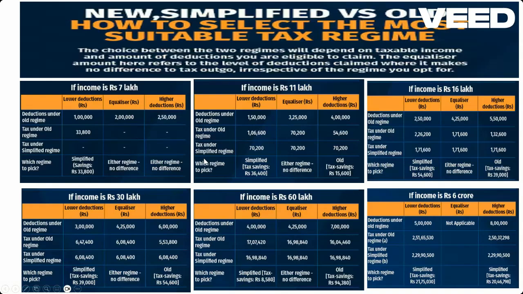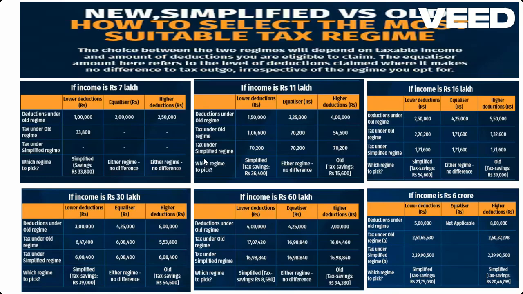Now this table will show which tax slab you should select, the old tax slab or the new tax slab. This is a very good slide, and this is a survey which was taken by Deloitte also.